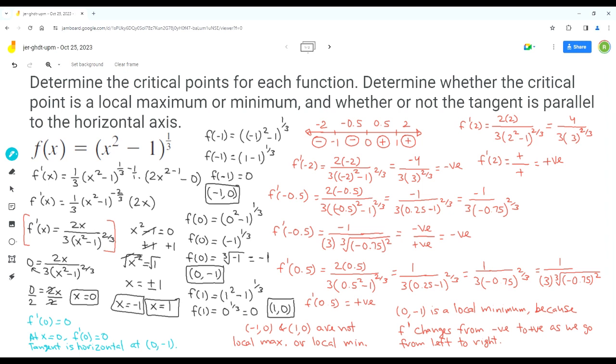Now the other two critical points are points at which the prime of f is undefined. So that means we can conclude that at critical points -1, 0 and 1, 0, the tangent is not horizontal.